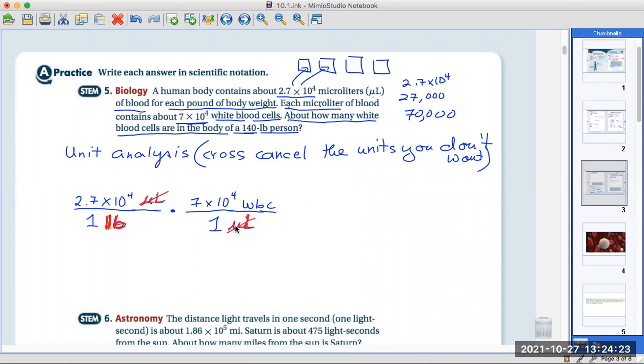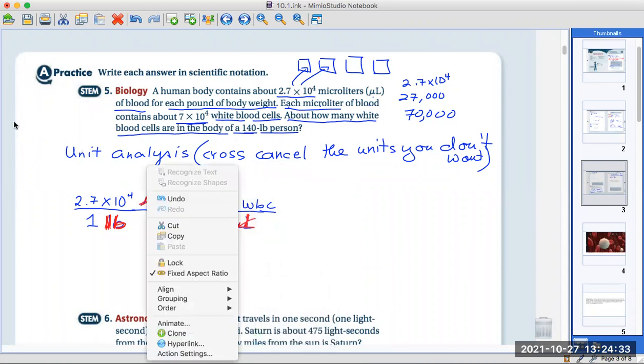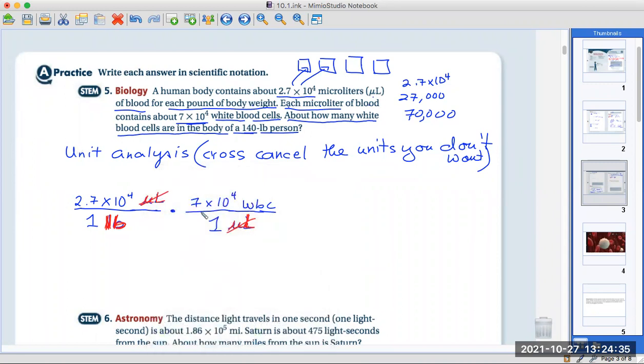It's asking about how many white blood cells, so this is the unit I need, white blood cell count. I don't want to cancel that out, but I want to try to cancel everything else out. I also need to cancel out the pound, so I'm going to say 140 pounds for 1 person.